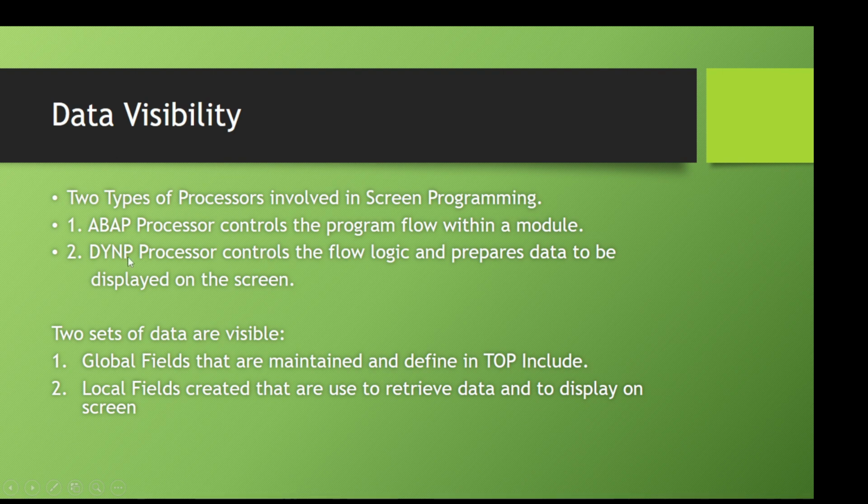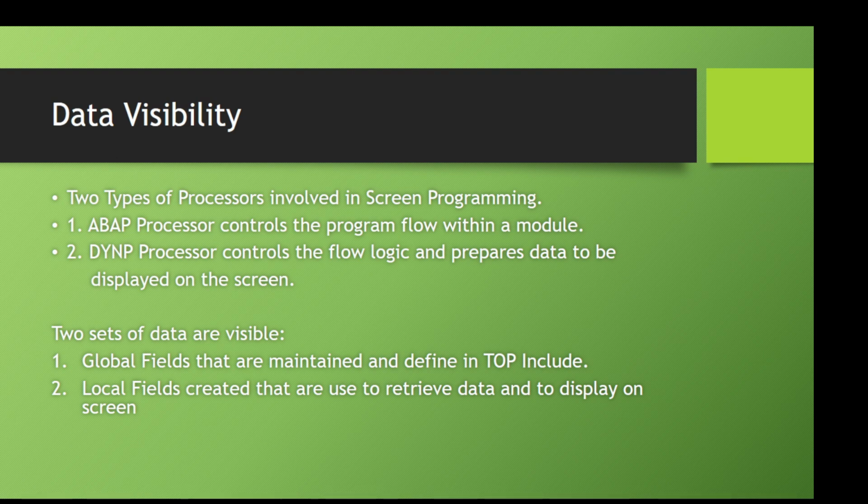We already discussed that the ABAP processor controls the program flow within a module, and the dynpro processor controls the flow logic and the sequence of screens, and also prepares the data to display on the screen.